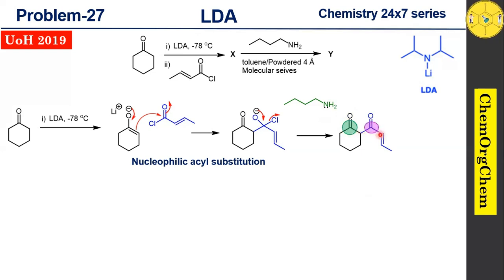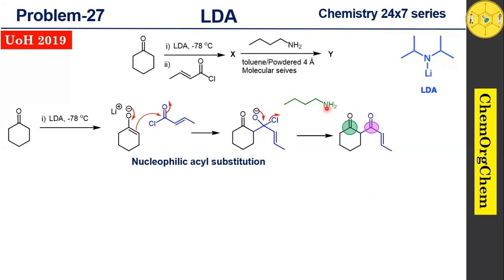When you compare these 2 carbonyl groups, this carbonyl is electron deficient compared to this carbonyl, since this carbonyl is involved in conjugation. Therefore this carbonyl group is the one that will react with n-butylamine.